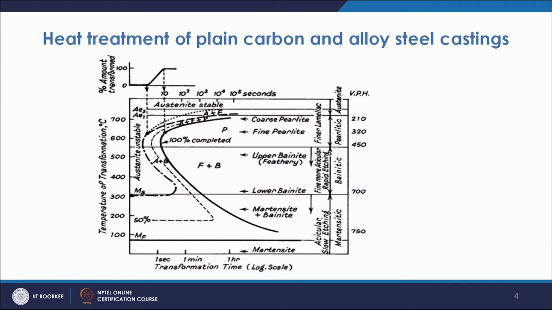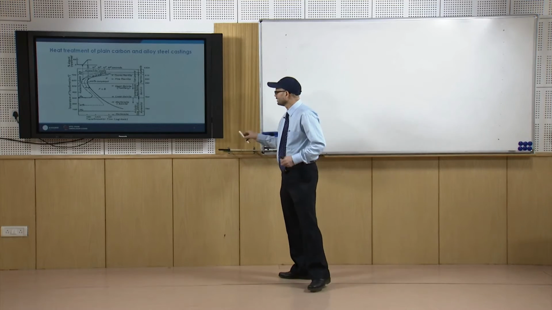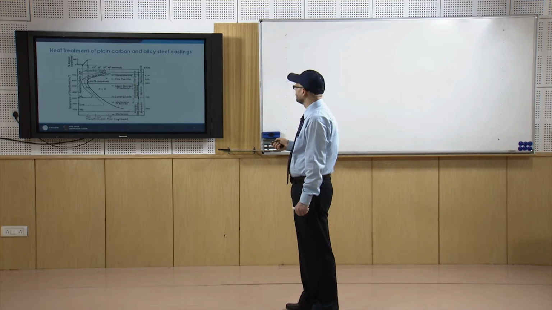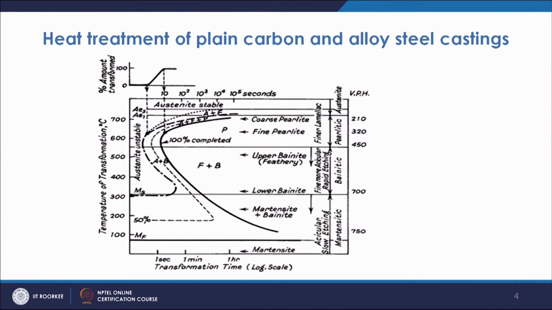Now, with time the temperature is decreasing, and you have many ways by which you can decrease the temperature inside the melt. When you cool in such a manner, you see this line: one is the transformation start line and another is the transformation finish line.